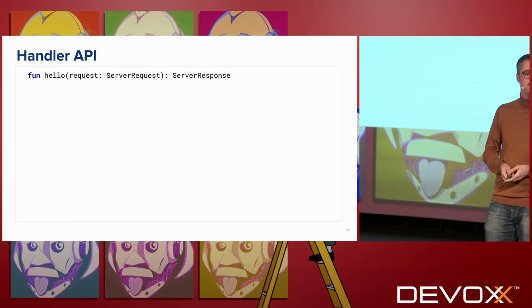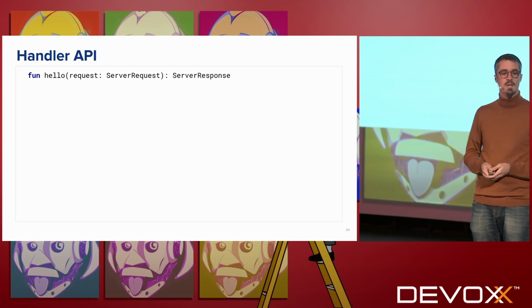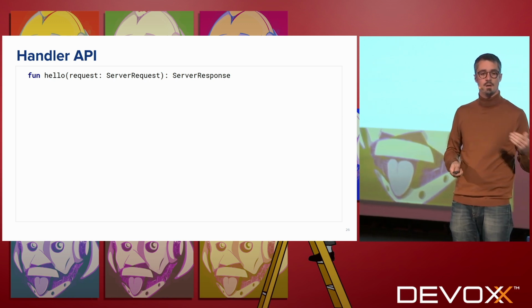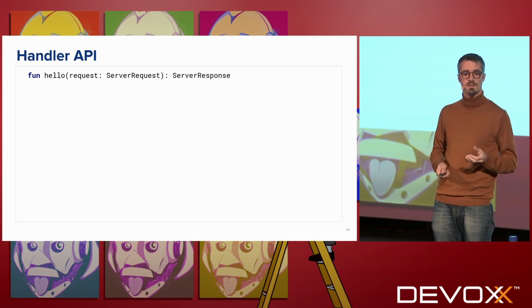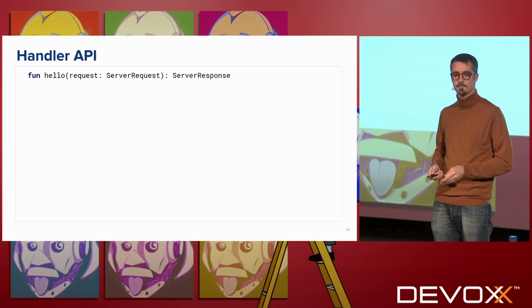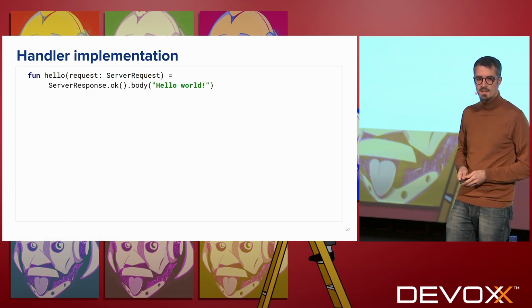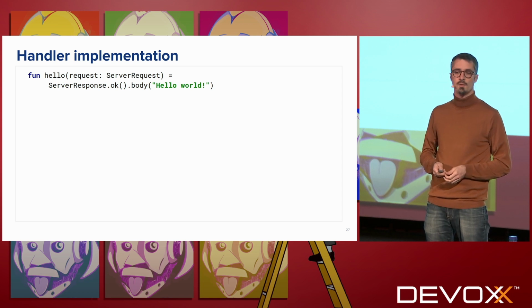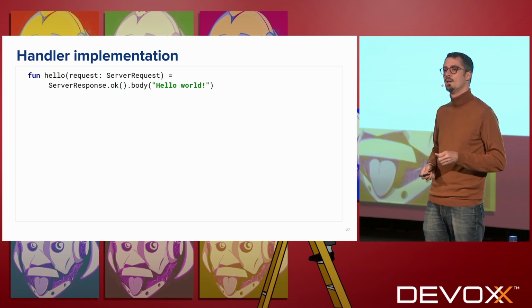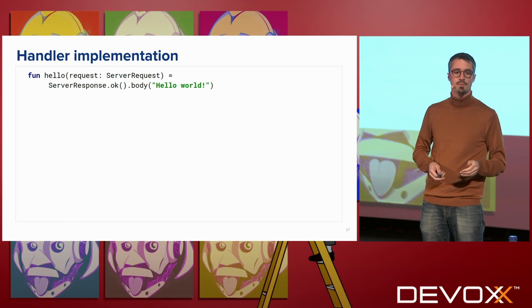So you create your endpoint by creating a handler function that takes as input parameter a ServerRequest and returns a ServerResponse. In terms of implementation, you have various static methods available in ServerResponse that allow you to specify the status code. You can provide the body.